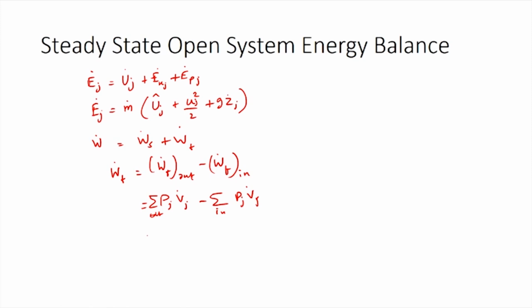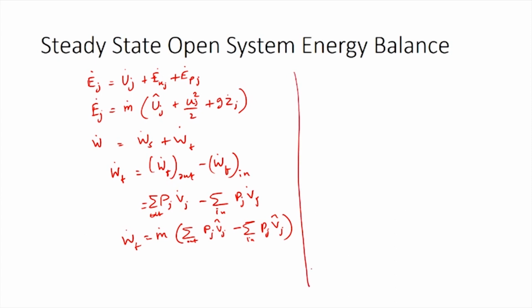Converting to specific volume, we have m dot times sigma out of P j V j cap minus sigma in of P j V j cap. So, this is your flow work.